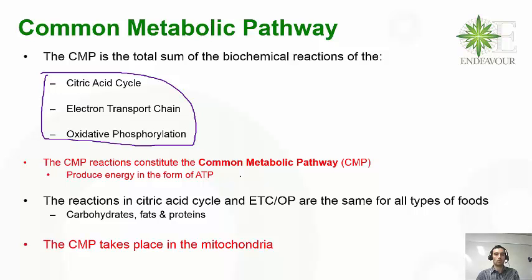Another name for it is the common metabolic pathway. So you might see it called either the central metabolic pathway or the common metabolic pathway. Essentially we need all of these processes working together to make ATP, which is our cellular energy.